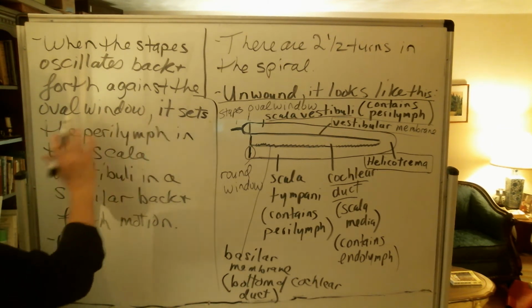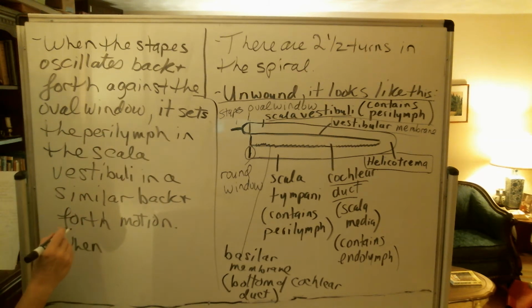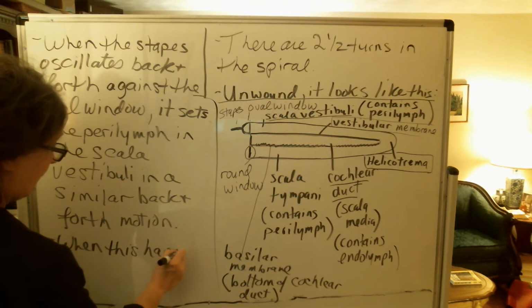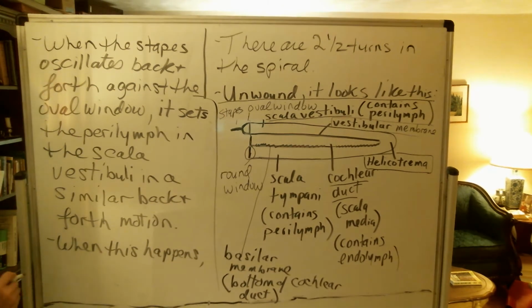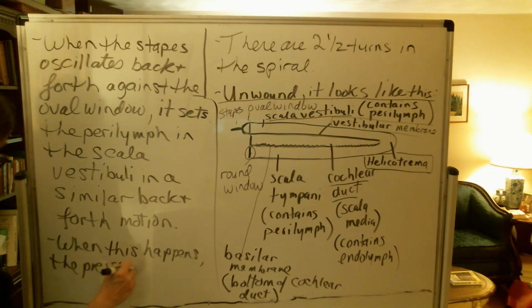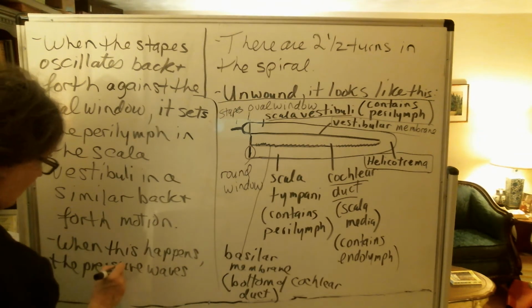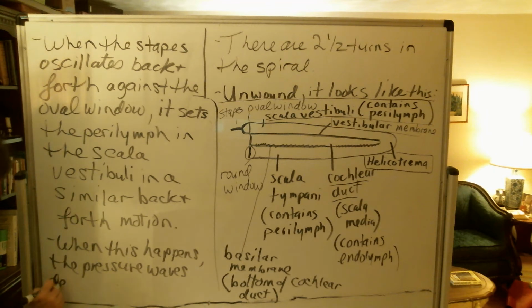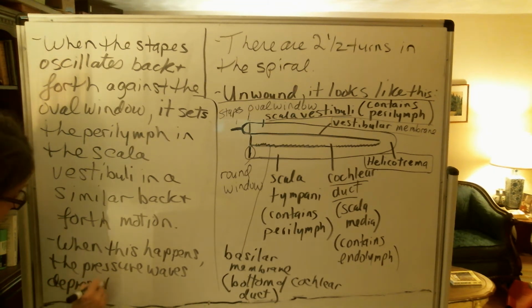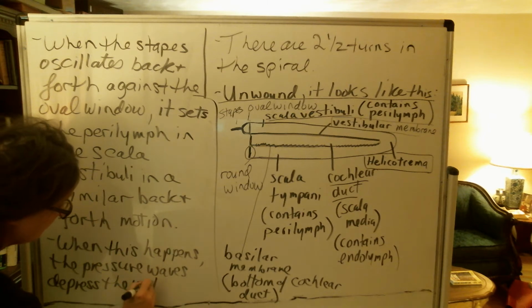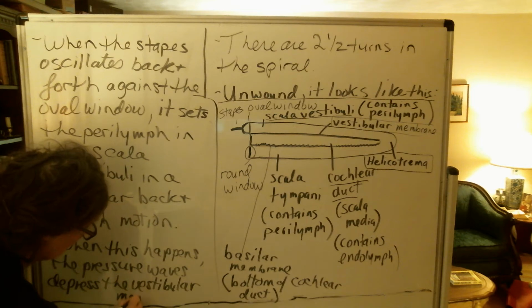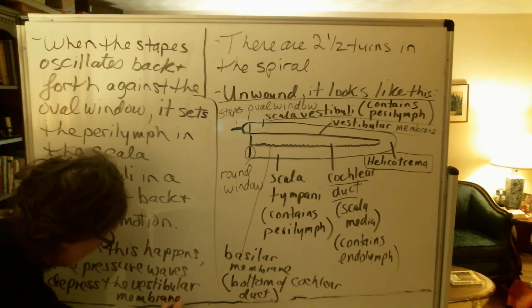So as I said, when you have the fluid going back and forth like this, the pressure waves depress the vestibular membrane.